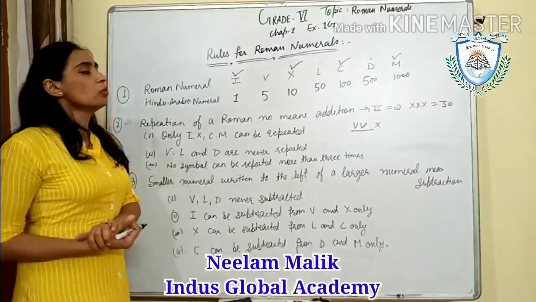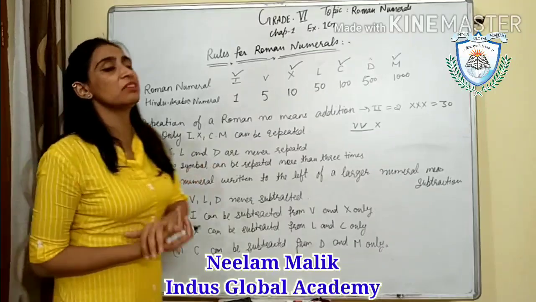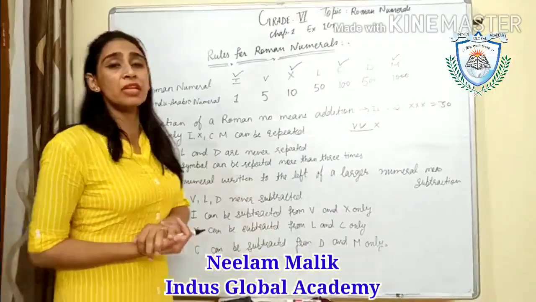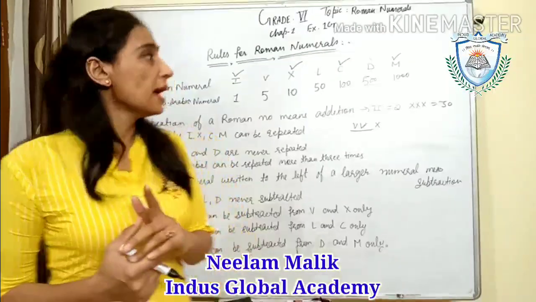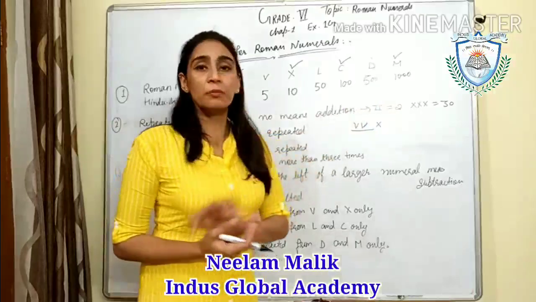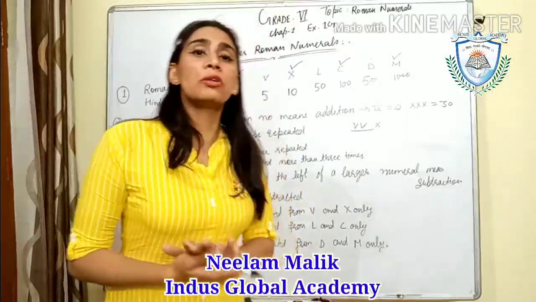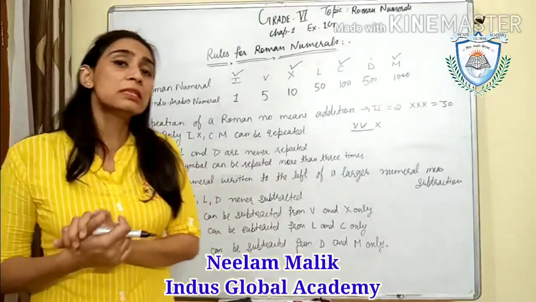The next rule is that no symbol can be repeated more than 3 times. If we are repeating a number, we can repeat I, X, C and M, but we will not repeat these 4 symbols more than 3 times.